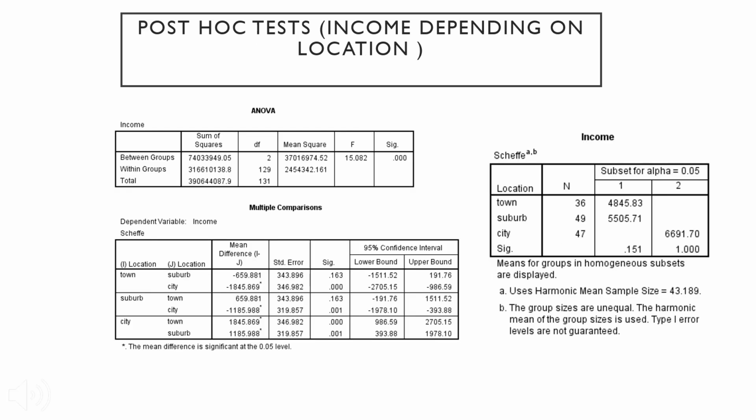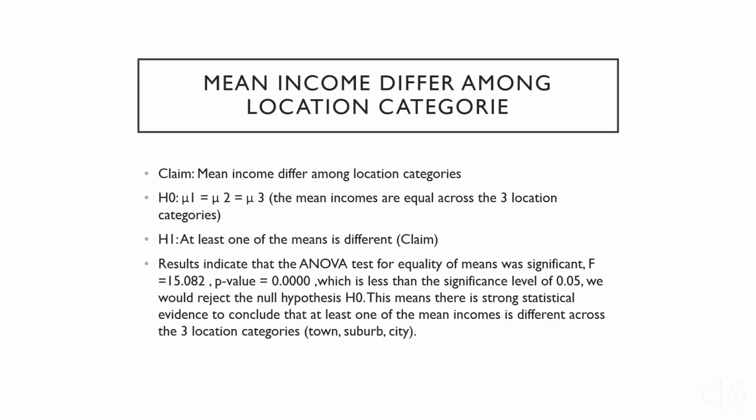We made post hoc tests for income depending on location. This data is gotten from the SPSS. We need to test that mean income differs among location categories. Hypothesis 0, the mean incomes are equal across the 3 location categories. Hypothesis 1, at least one of the means is different.